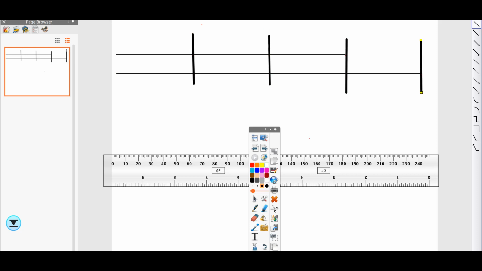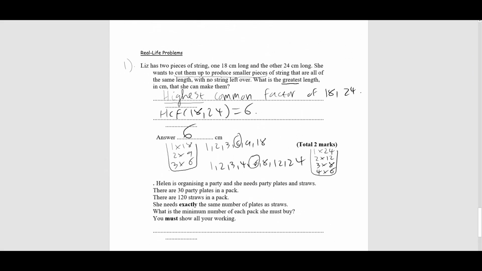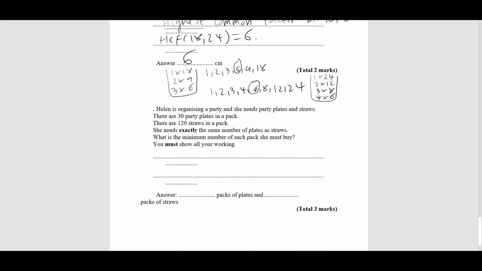So that does work. So whenever they're after the greatest length or the greatest amount of something, and it's clearly a types of number question, think of the highest common factor.